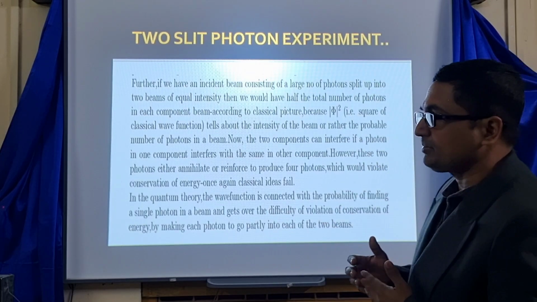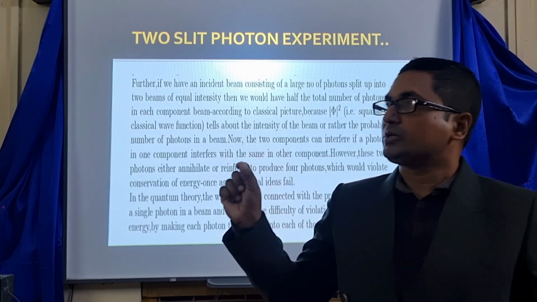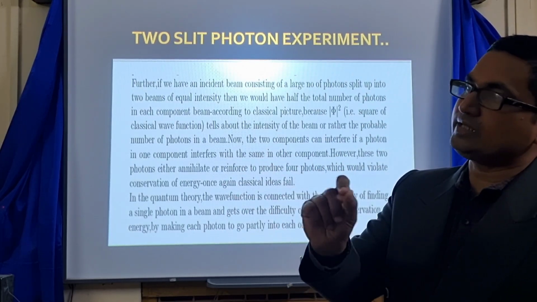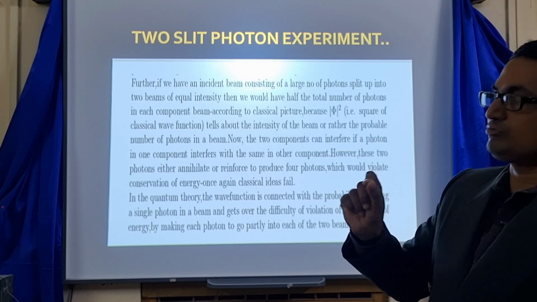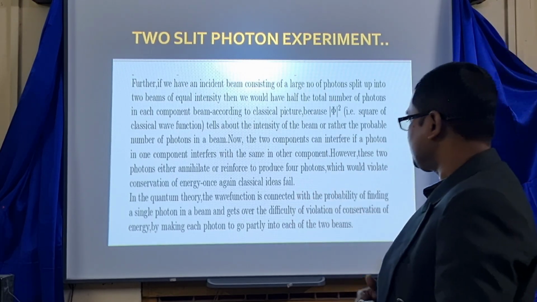So in quantum mechanics, the single photon at the same time is passing through the slit S1 as well as through the slit S2, because these states are representing probabilities.